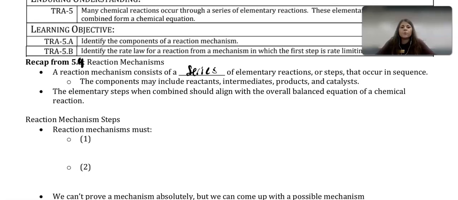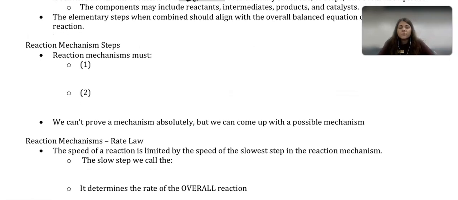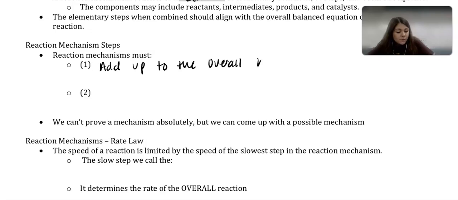Here we're going to dive in more about these reaction mechanisms because it's a very, very important concept in kinetics. When it comes to a reaction mechanism, it has to meet two things. The first, which we focused on in 5.4, is that it must add up to the overall balanced equation.